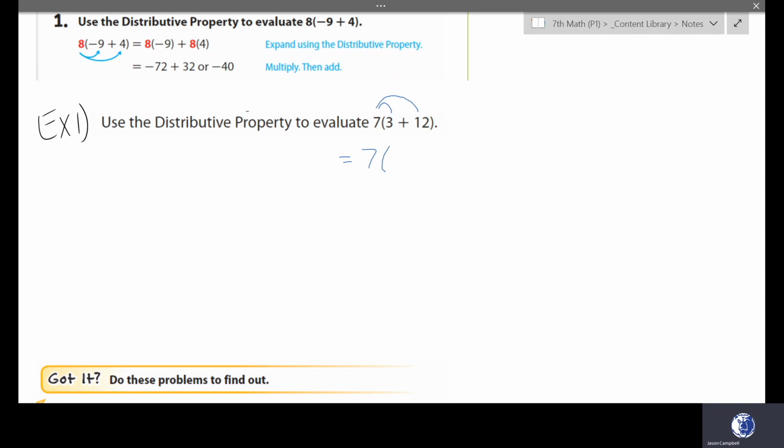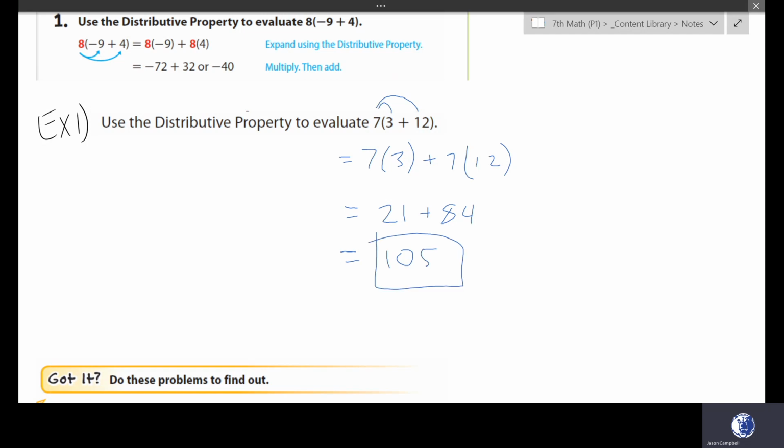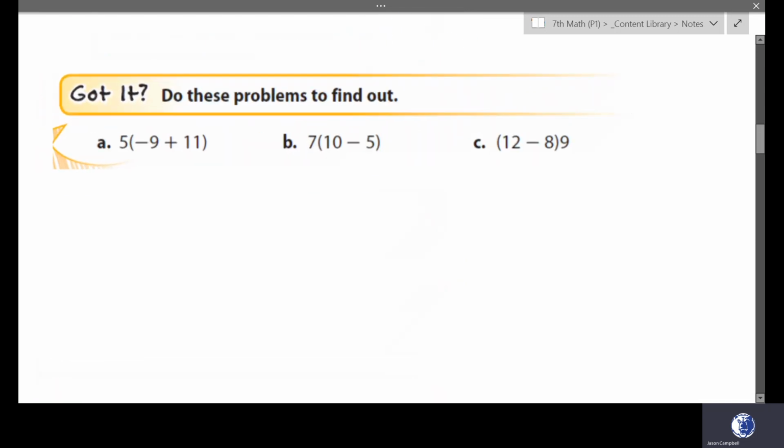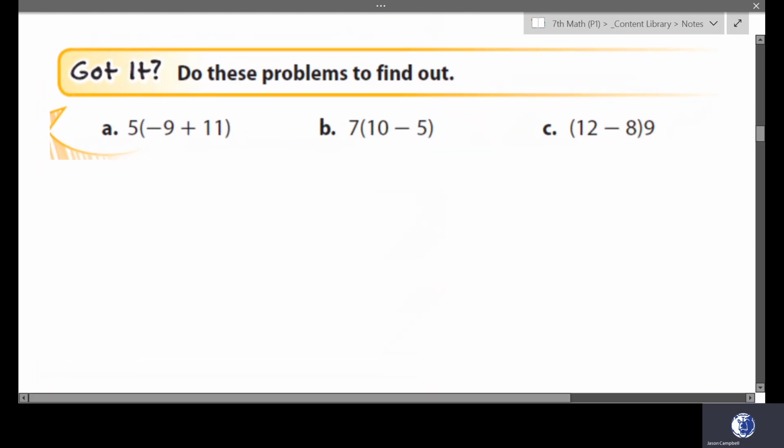So 7 multiplied by 3 add 7 multiplied by 12. 7 multiplied by 3 is 21. 7 multiplied by 12 is 84. 84 and 21 make 105. Go ahead and try got it A, B, and C, and then resume this video when you're done.